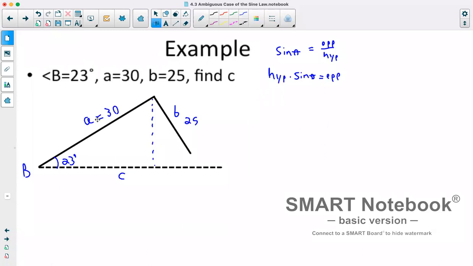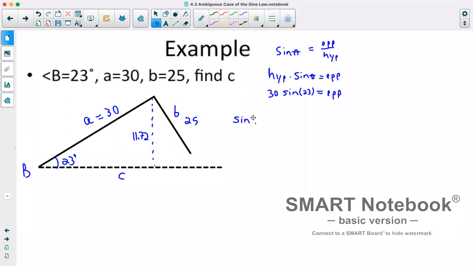So our hypotenuse in this case is 30. Sine of 23 gives us our opposite, which is our height. So that's 11.72.